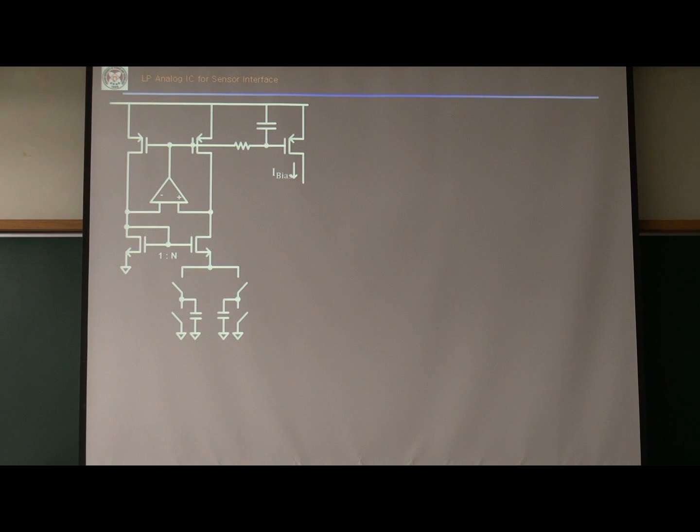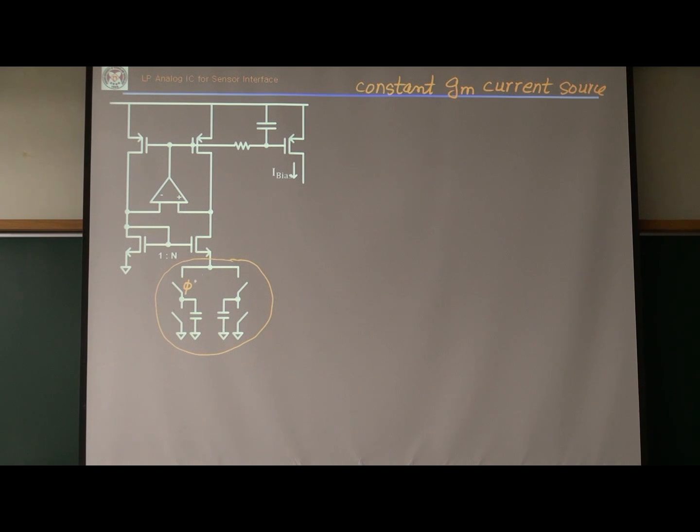If you look at this circuit, this is a constant gm bias circuit, a constant gm current source. Only the resistance is replaced by this sort of switched capacitor.